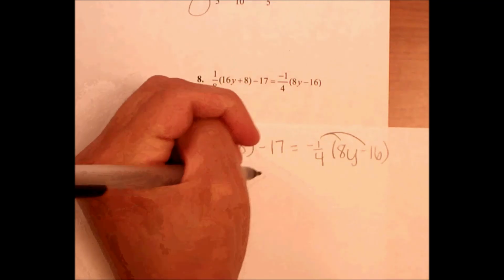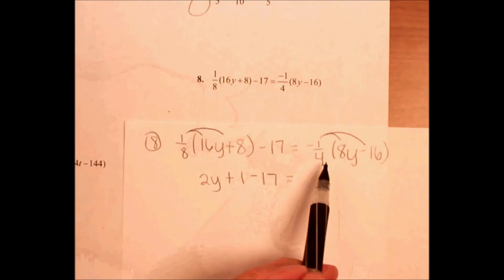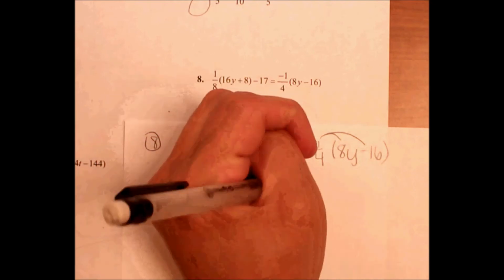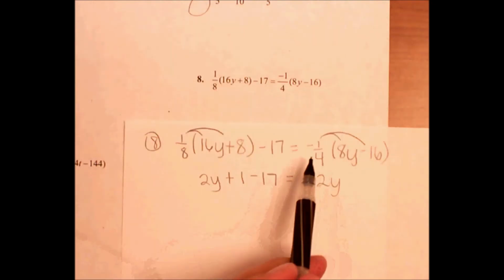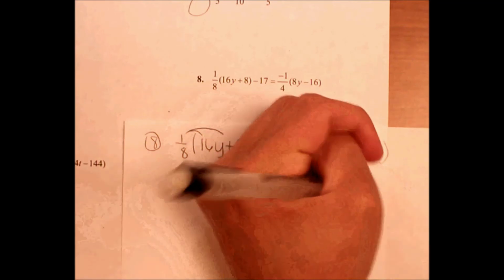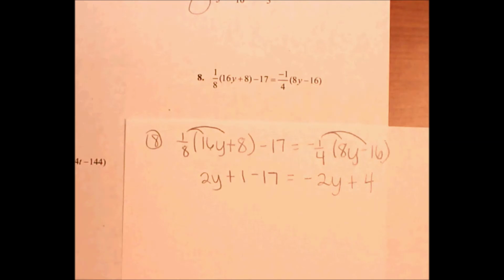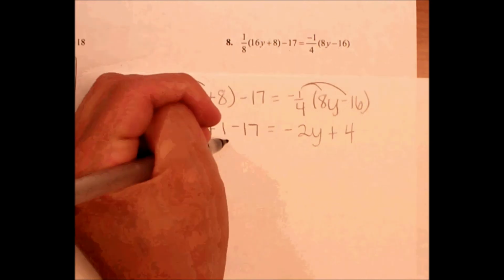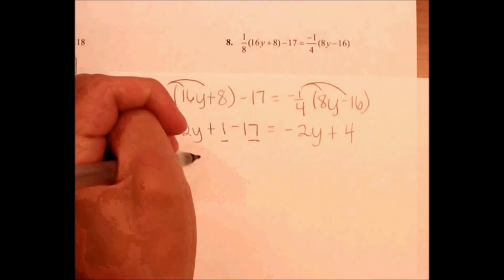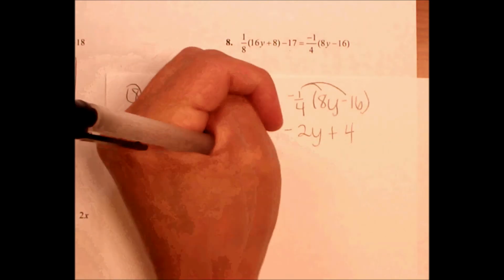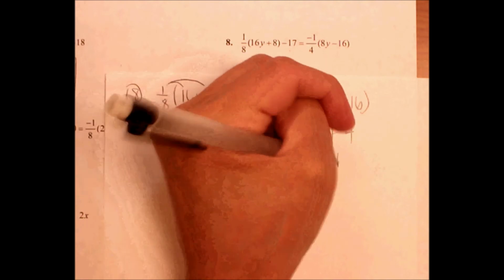Minus 17 equals negative 1/4 times 8y, that's the same thing as saying negative 8 divided by 4, which is negative 2y, and then negative 1/4 times negative 16 is positive 4. From here, we can combine this 1 and this negative 17. That gives us 2y minus 16 equals negative 2y plus 4.